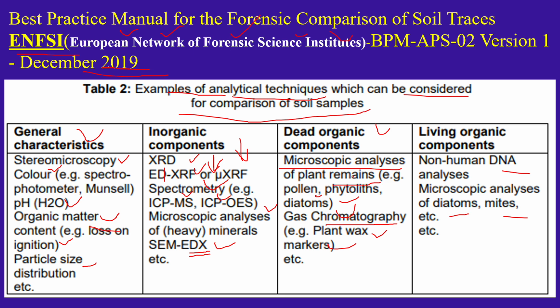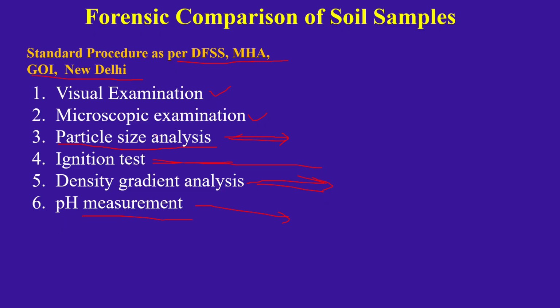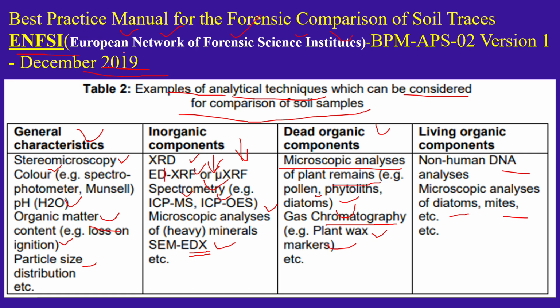So I have brought two standards, the DFS standard and the ENFSI standard, for comparison of soil samples. I think these two standards are sufficient, and you can choose one as per your requirement or facility.